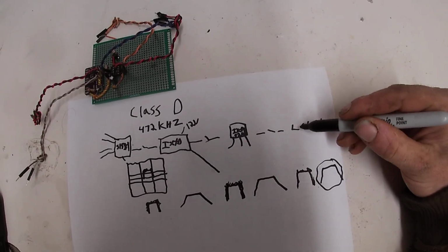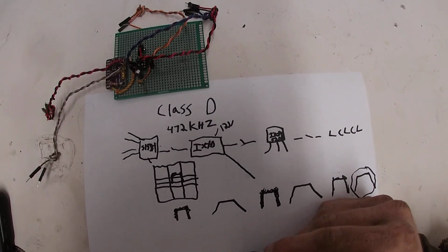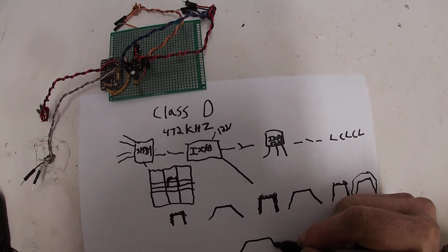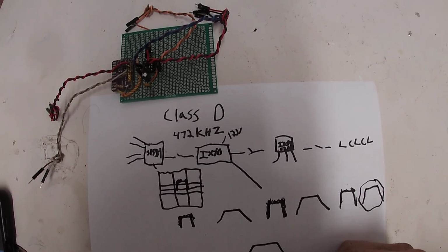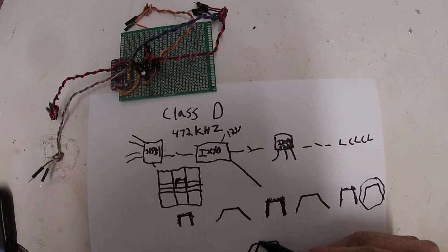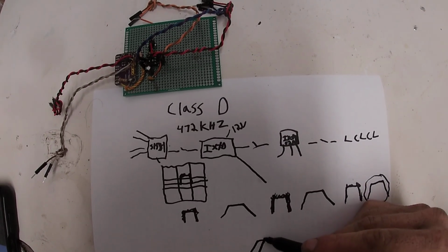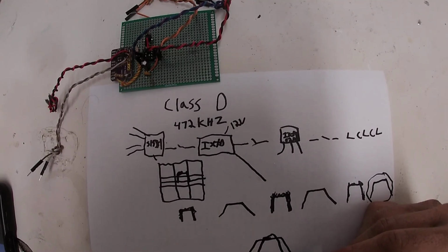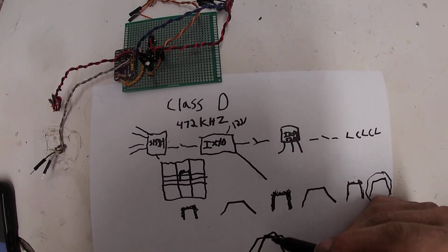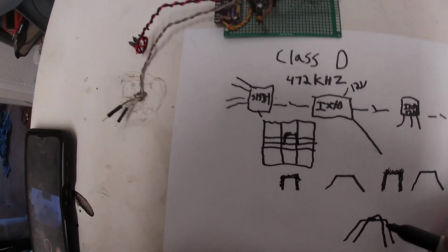Then we run it through our low pass filter, and we get our ugly, beautiful square wave, and we remove the harmonics. Round there and back down. It will probably cross at the same point.